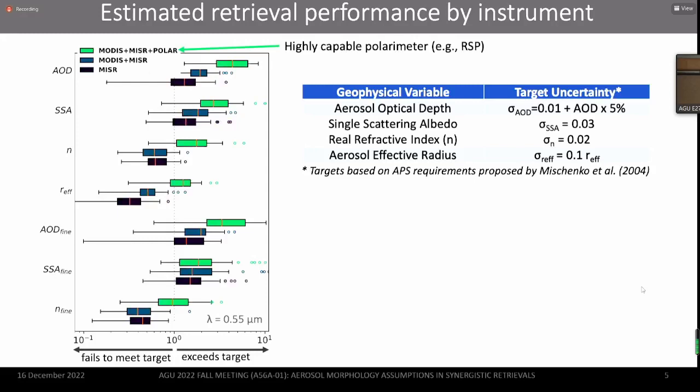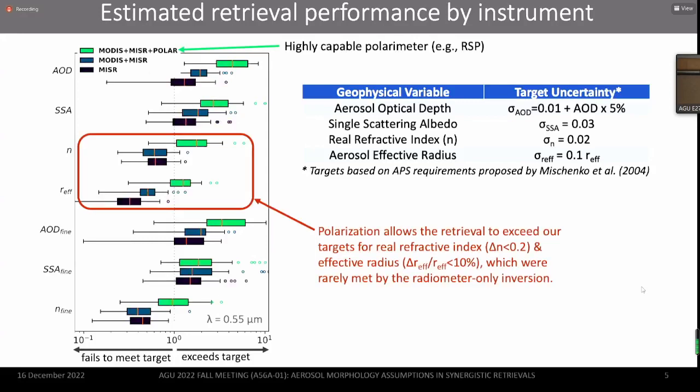As you would expect, as you add more information to the measurement, you get better retrievals. For some parameters, polarization helps more than others, again as we expect. The real refractive index and the effective radii both get pretty big boosts when you add polarization, and that is required to push you over the threshold of the target that Mishchenko specified in that paper. So polarization is very important in there.